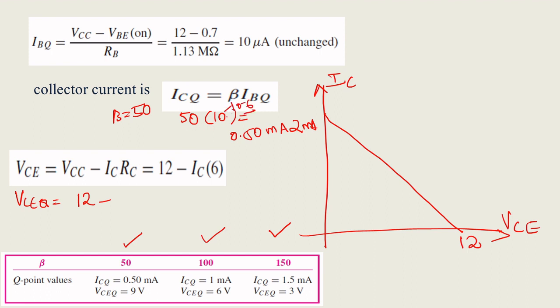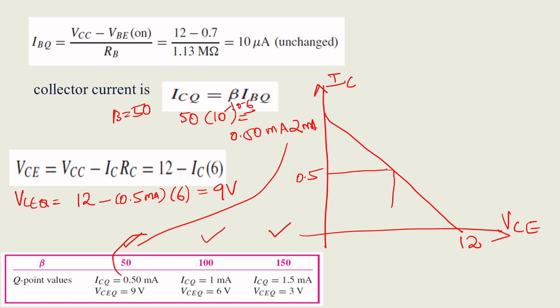If you multiply 50 into 10 to the power minus 6, you will get 0.50 milliamps. Then 0.5 milliamps into RC, which is 6. What is the answer? You will get 9 volts. So ICQ is 0.5 and your VCQ is 9. This is for when beta is 50.